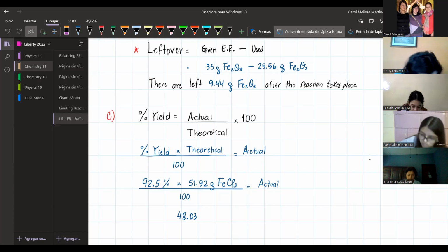In your calculator, forget about the percent symbol and just put the number 92.5 times 51.92 divided by 100. 48.03 rounded. What units are these? Grams of iron 3 chloride.